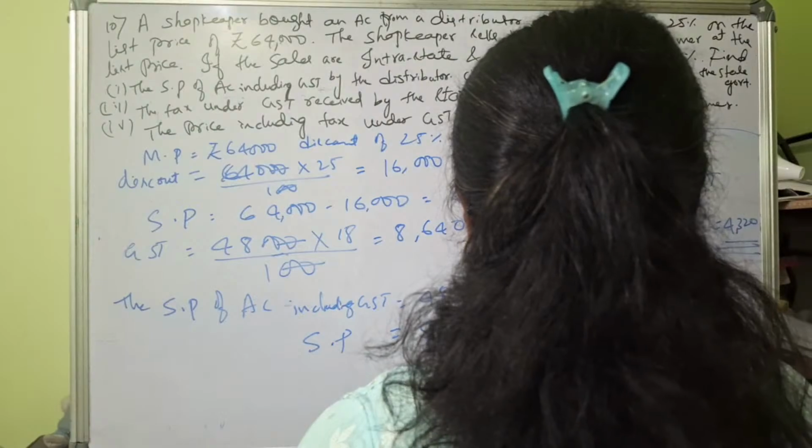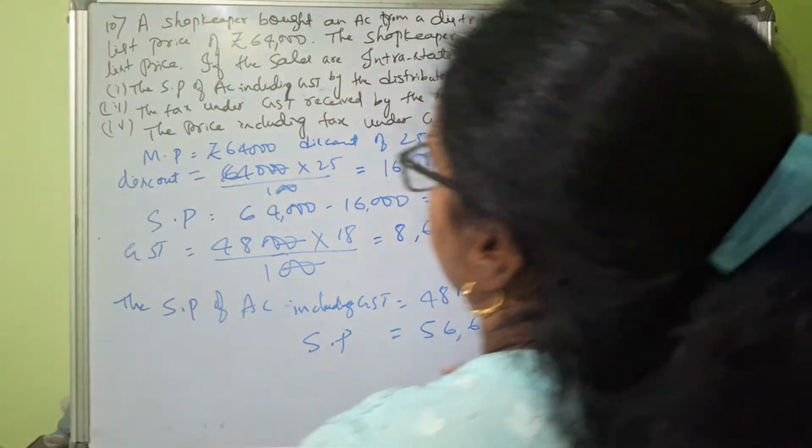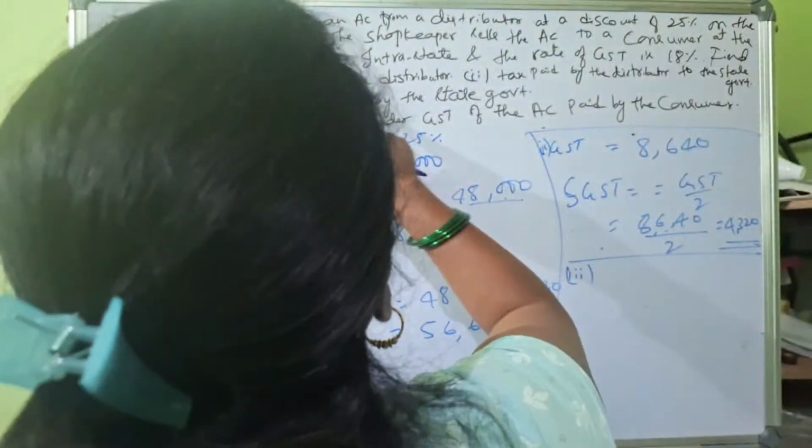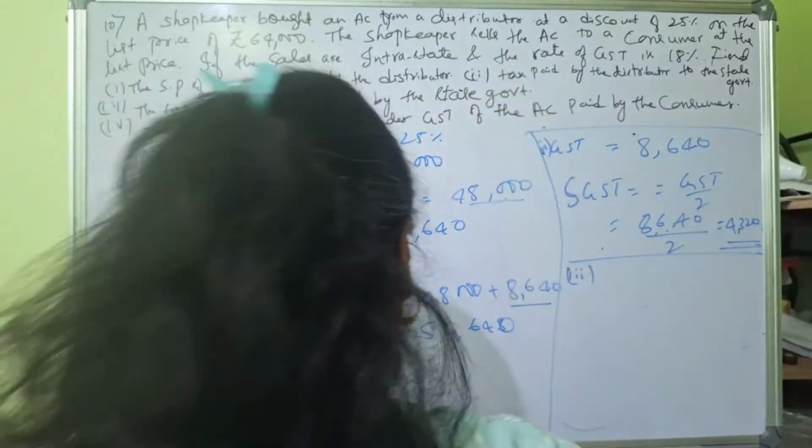This is the answer for question number 2. And for the third question, the tax under GST received by the state government.